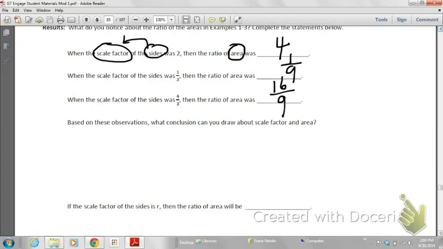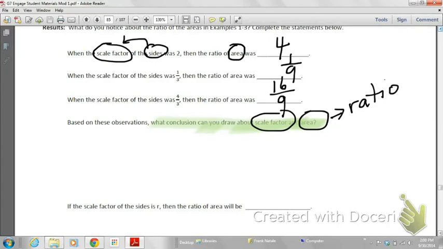I want to ask you, what conclusion can we draw about scale factor and area? How do these two, scale factor and the ratio of the area, compare?